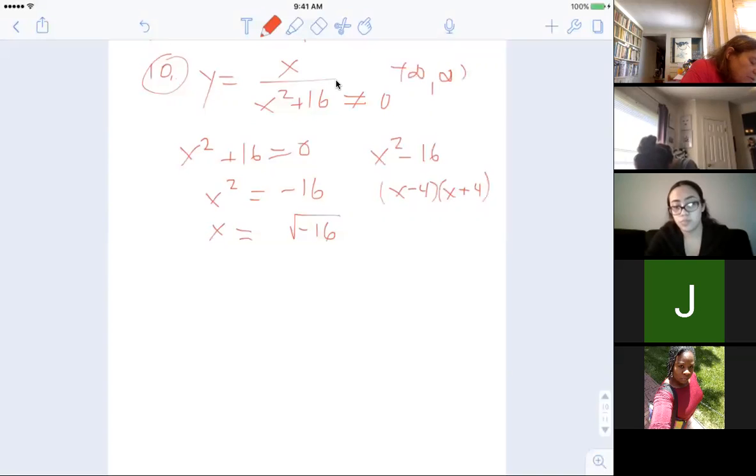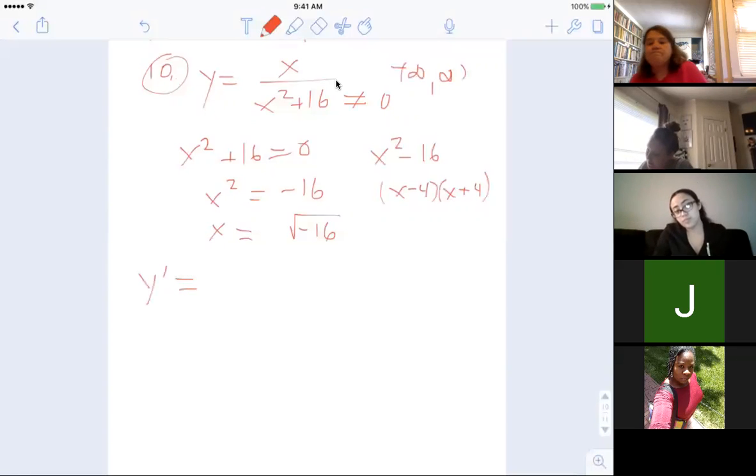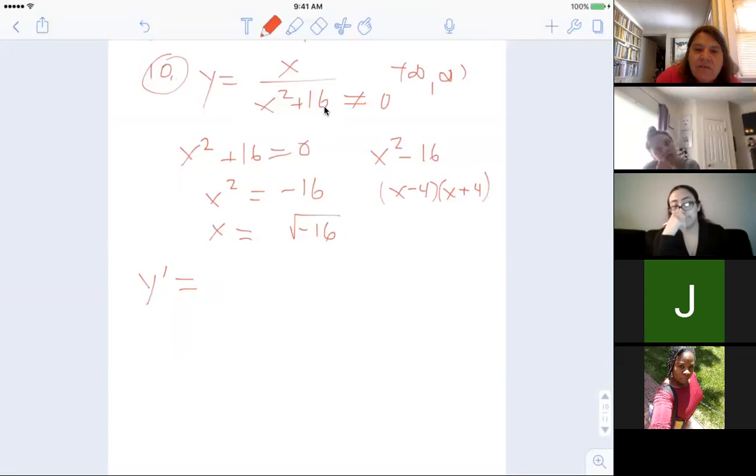Now, the next thing I want to do is take the derivative and find the critical numbers. Okay? What kind of rule am I going to use on that to take the derivative, guys? The quotient rule? Yeah, quotient rule. The one that says bottom times the derivative of the top minus top times the derivative of the bottom.